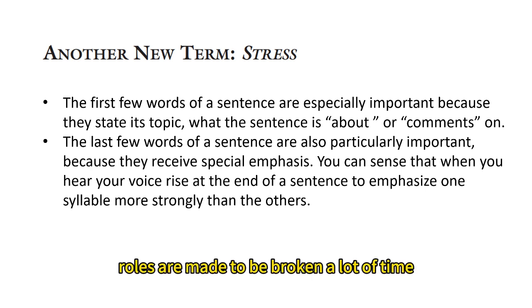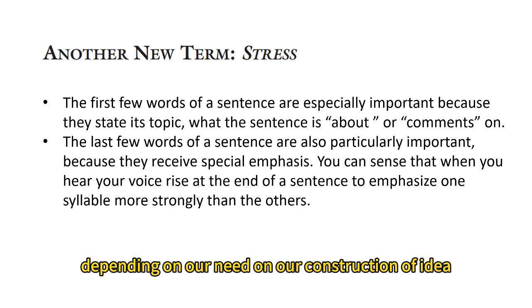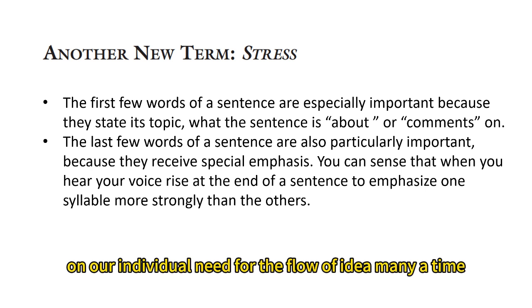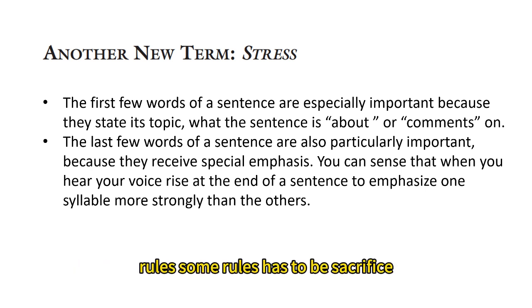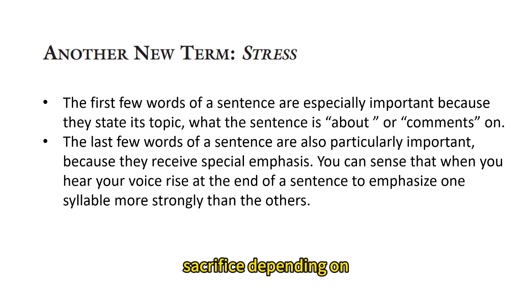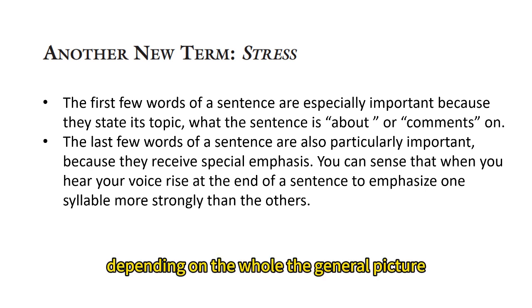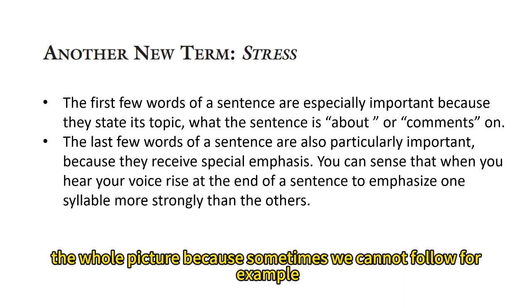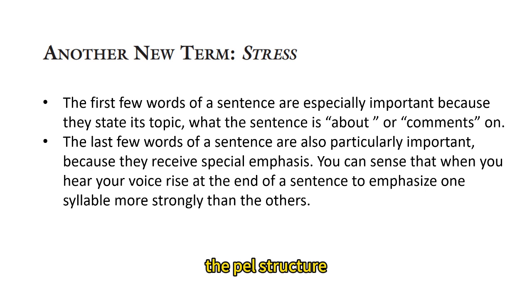A lot of time, depending on our need, on our construction of ideas, on our individual need for the flow of ideas, many a time some rules have to be sacrificed, depending on the general picture, the whole picture. Because sometimes we cannot follow, for example, the PEEL structure strictly, word by word.